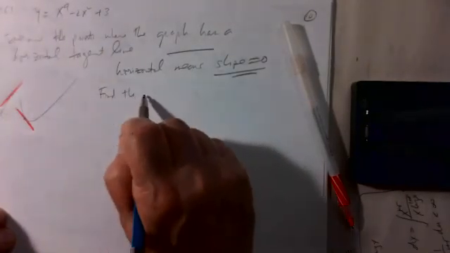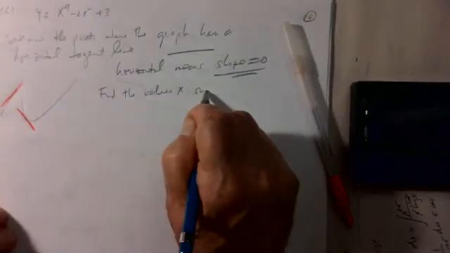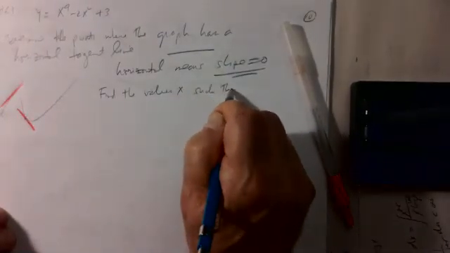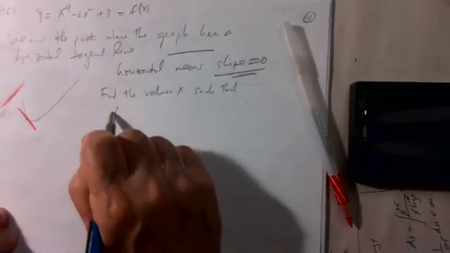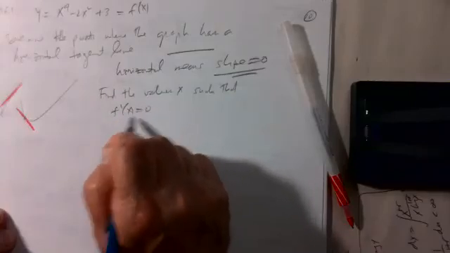Or mathematically, since the slope of the tangent line is the derivative, it means find the values, the numbers x, such that if we call this function f of x, f prime at x is equal to 0.